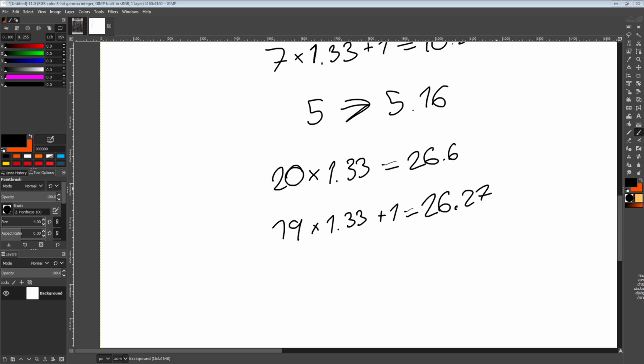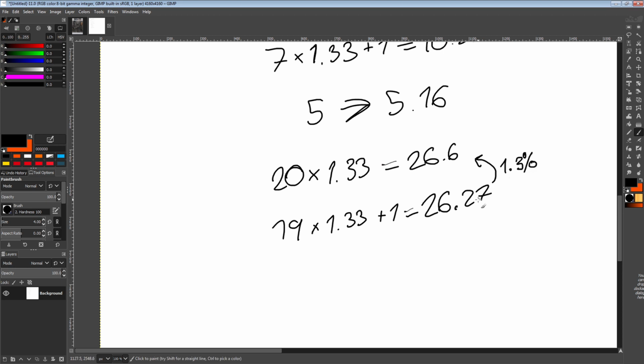Let me just quickly do the math on that. Divided by 26.27. Yeah, so to bridge this gap with frequency, you would only need about 1.2%. Okay, no, 1.3%, let's round up.